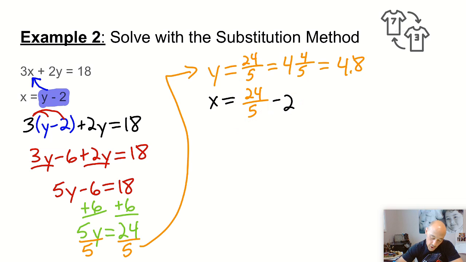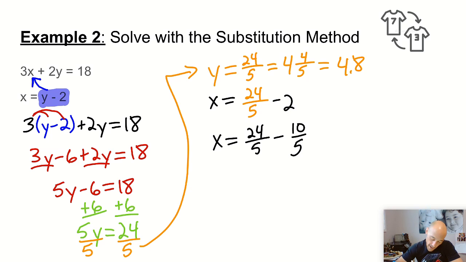So how can I subtract 2 from this fraction? Well, I need a fraction where the denominator is 5. So I have the 24 over 5 minus something over 5. So what fraction is equal to 2, with 5 in the denominator? Well, it's 10 over 5. I can get that by doing 2 times 5 is 10.